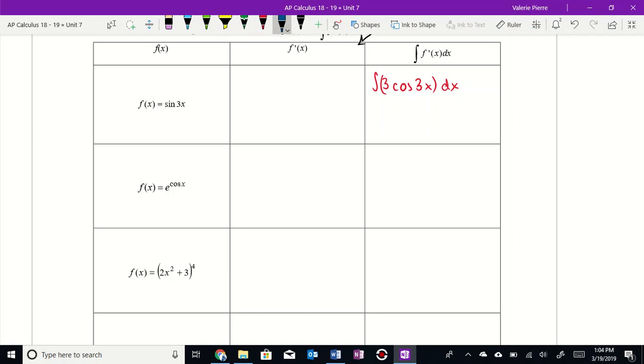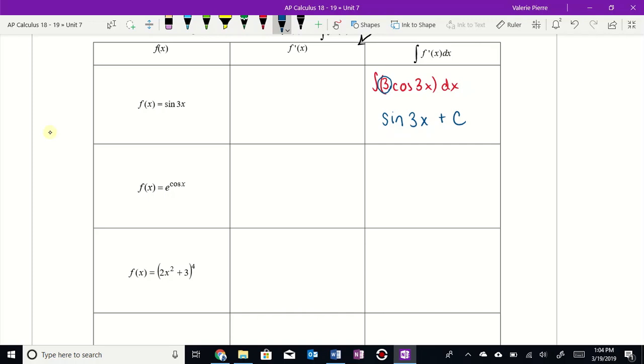So if you notice, when finding the derivative of a composite function, you take the derivative of the outer function and multiply it by the derivative of the inner function. So when taking the antiderivative of that, the derivative of the inner function is very helpful to notice, because then all we have to do is just take the antiderivative of the outer function with the baby.